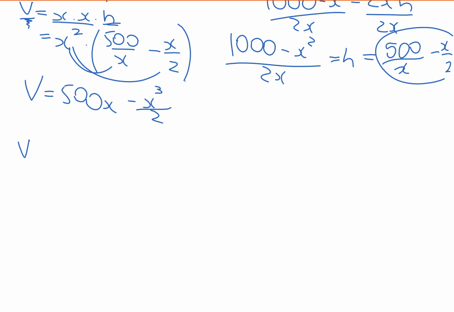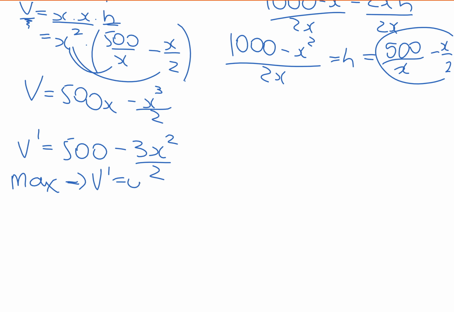So, v dash is 500 minus 3x squared over 2. Now, a maximum implies that v dash equals 0. So 500 minus 3x squared over 2 equals 0.